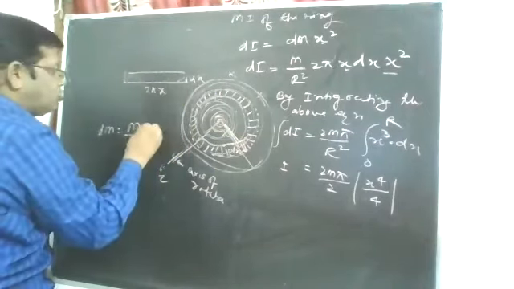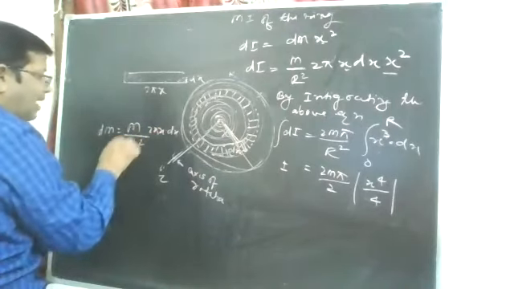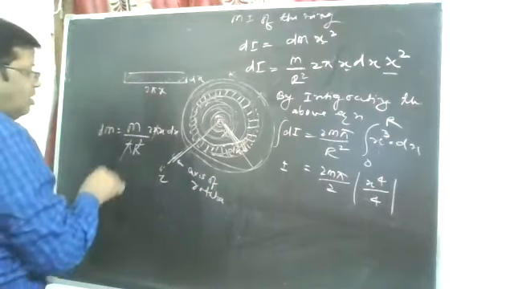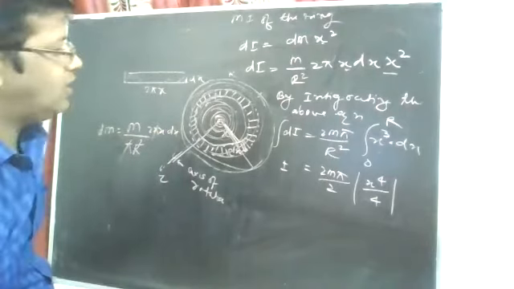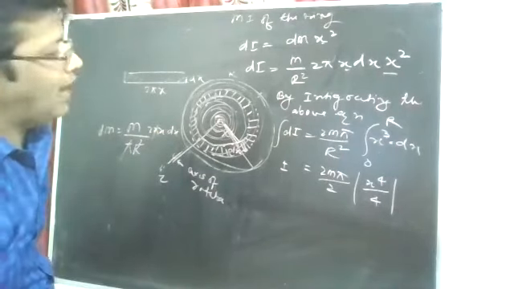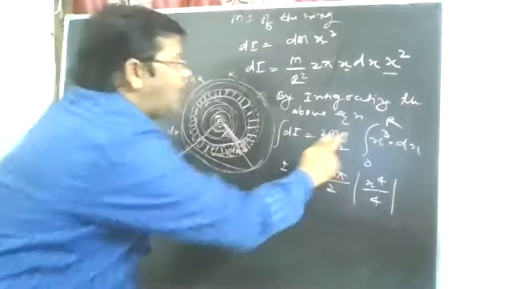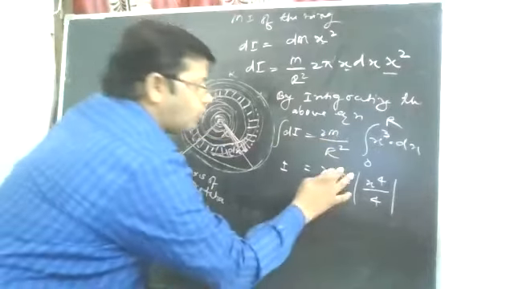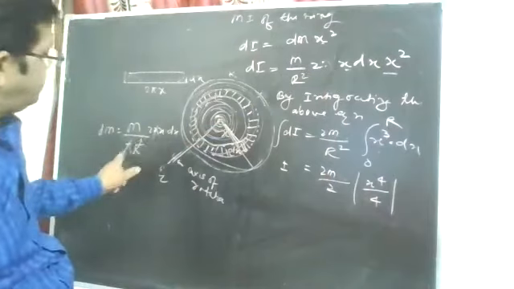So pi cancels out, that is m by r square, 2x into dx. Just remember, pi terms will not be there.